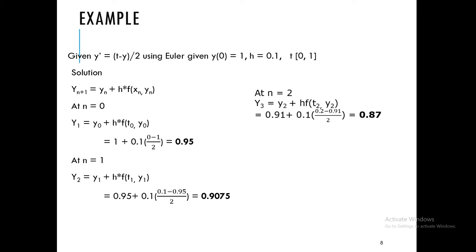So we're now going to solve that, putting the values in there. y0 is 1, plus your step size 0.1 times the bracket. The function is t minus y all over 2. Here we are dealing with t naught, so t naught is 0 minus y naught, which is also 1, over 2. And then you calculate it to get 0.95.